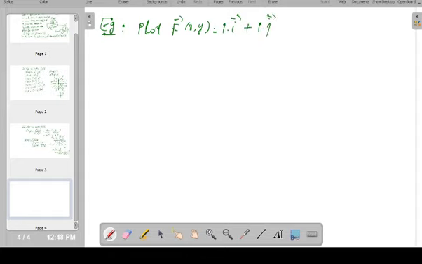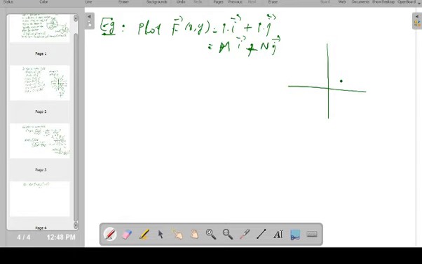Okay, so this is your m, and this is your n, namely n equal to 1. So again, this is a vector field in the plane, and m and n are defined everywhere in the plane.